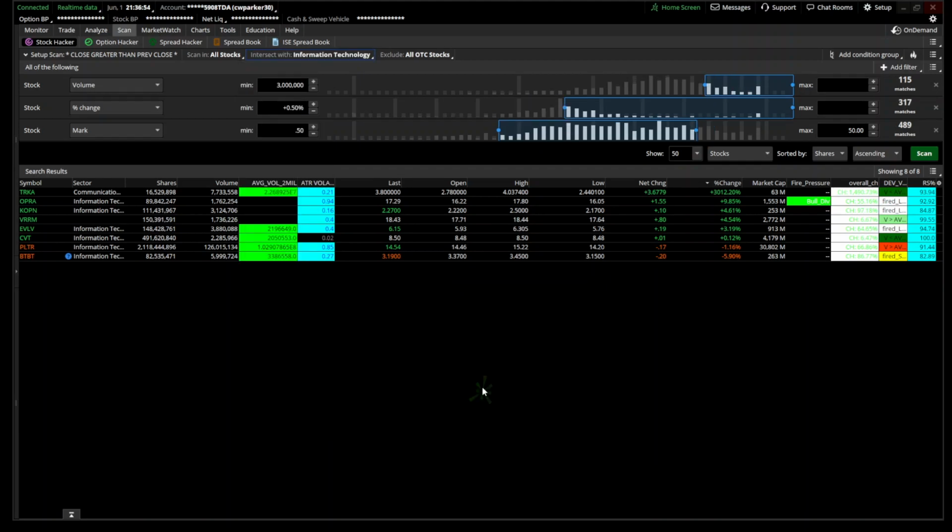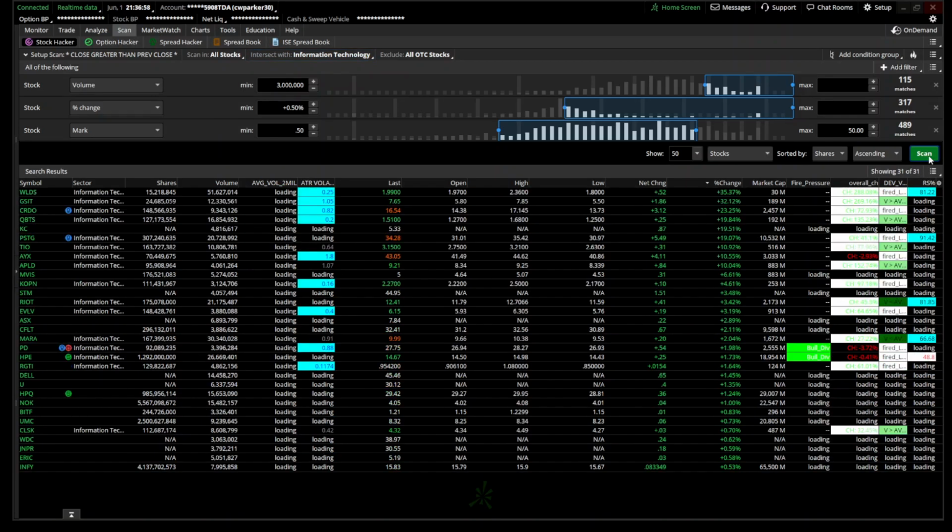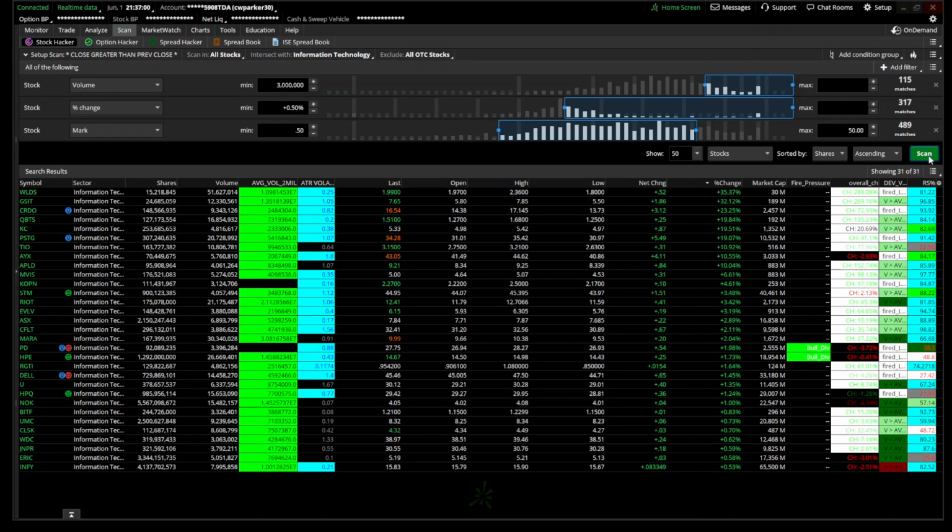So I'm going to look for any of the stocks that meet my criteria. And this is the criteria that I put in there, but for the most part, I will actually add in more things, but it just has to have 3 million volume, be up.